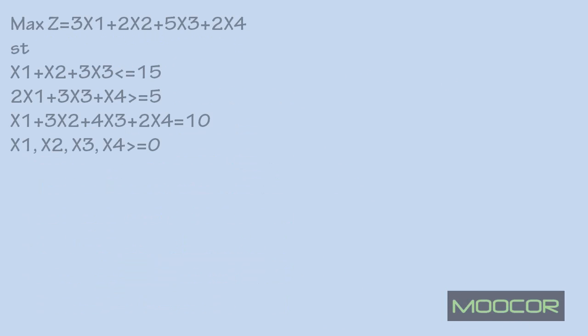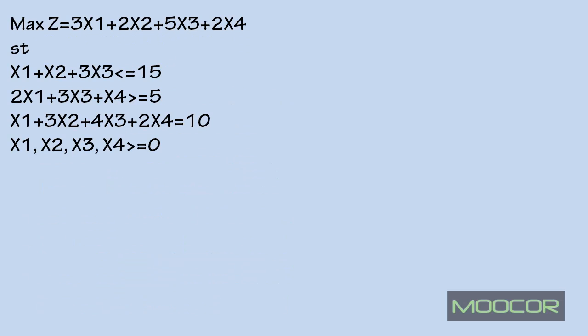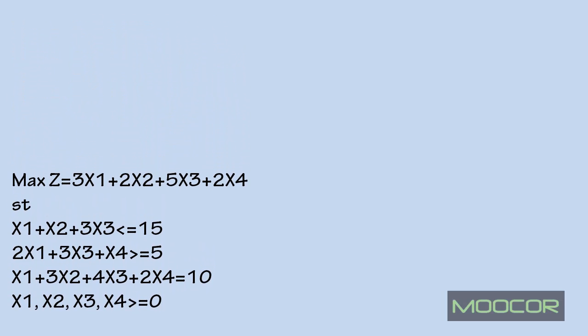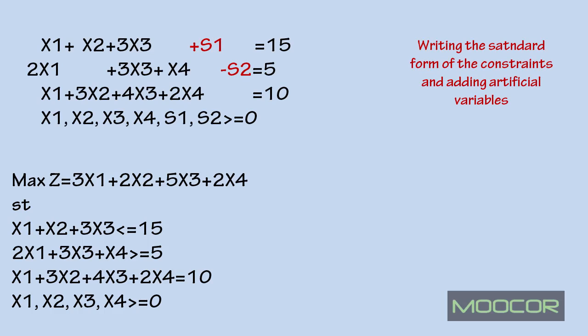Let's show the steps of the procedure with an example. It's the same example that I used for the Big M method. It's a 4 variable maximization problem. Of the constraints, one of them is greater than or equal and one of them is equal. So following the steps, we would write the standard form of the constraints.